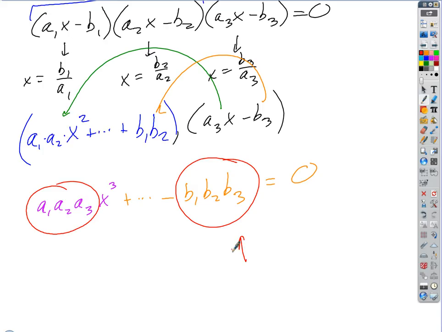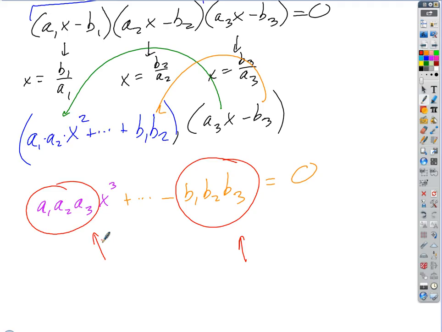Wouldn't you agree that b sub 1 is going to divide evenly into b sub 1 times b sub 2 times b sub 3? Right? For sure. And so is b sub 2, and so is b sub 3, because those are parts of that product, right? Look at the denominators. The denominators of each of these are just either going to be a sub 1 or a sub 2 or a sub 3. Well, obviously, those are factors of the leading coefficient, right?